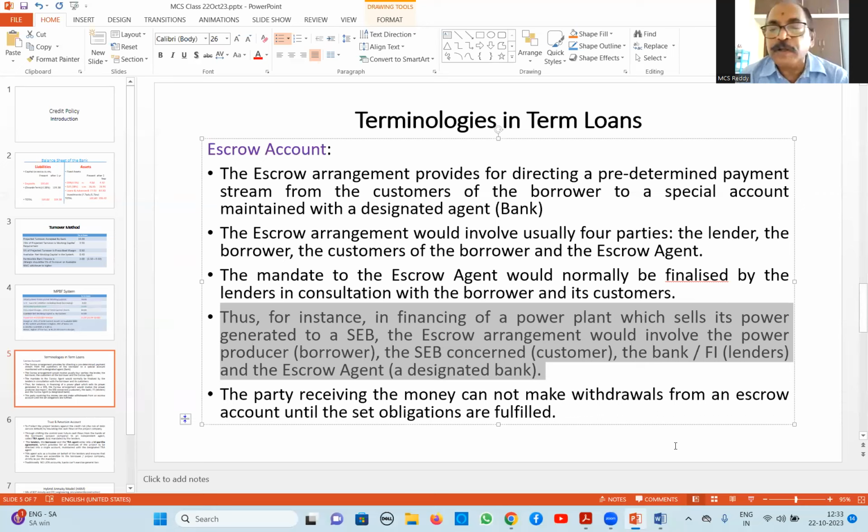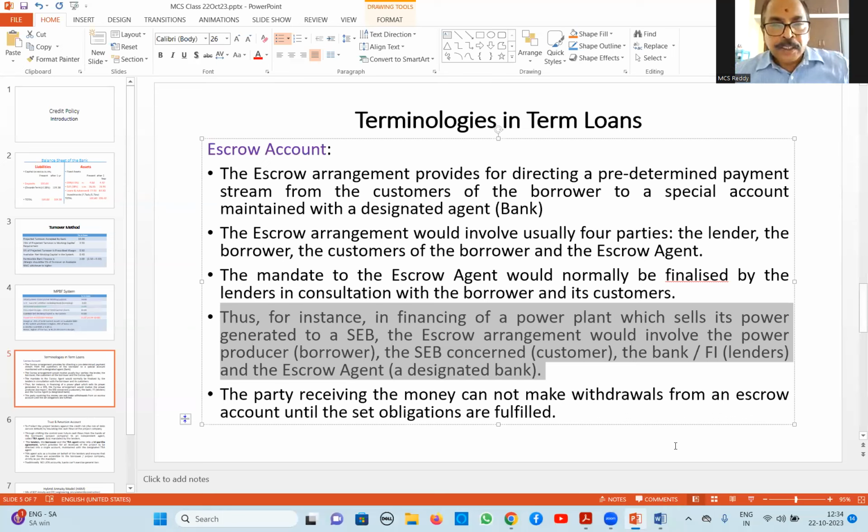Then he will come to the bank. We will finance that person. The power plant will be constructed, and he will sell power to the state electricity board. The state electricity board, in turn, will supply to its consumers, collect the amount from consumers, and then pay our borrower, the power plant owner to whom we are giving the loan. So here cash flows are there.